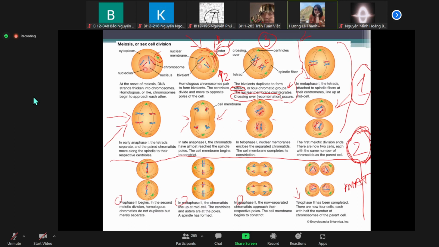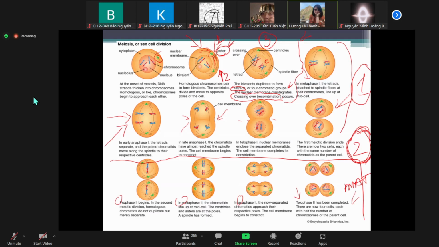And in anaphase 2, the separated chromatids move apart to their respective poles, and the cell membrane begins to contract. And in telophase, we complete the meiotic divisions, and now we have 4 cells, each cell with half the number of chromatids of the parent.